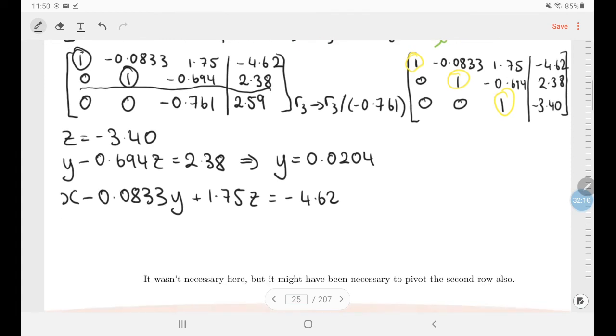And again, I'm going to use the calculator here. I get x is equal to, so I'm doing the minus 4.62, I'm going to add 0.0833y to both sides, using the fact that y is 0.0204, and then take away 1.75 times z, and z is minus 3.4. And I get an answer here of 1.33.